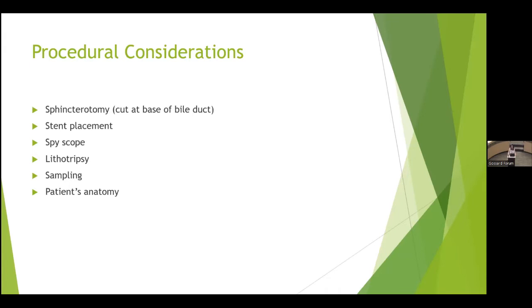These include performing a sphincterotomy, which is essentially a cut at the ampulla at the base of the bile duct or the base of the pancreatic duct, or both, depending on the indication for the procedure. The placement of a stent or stents can factor into risks for developing certain complications.